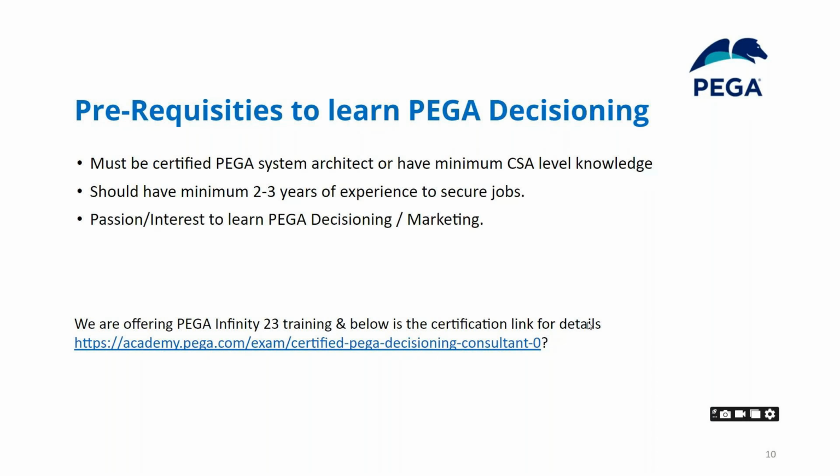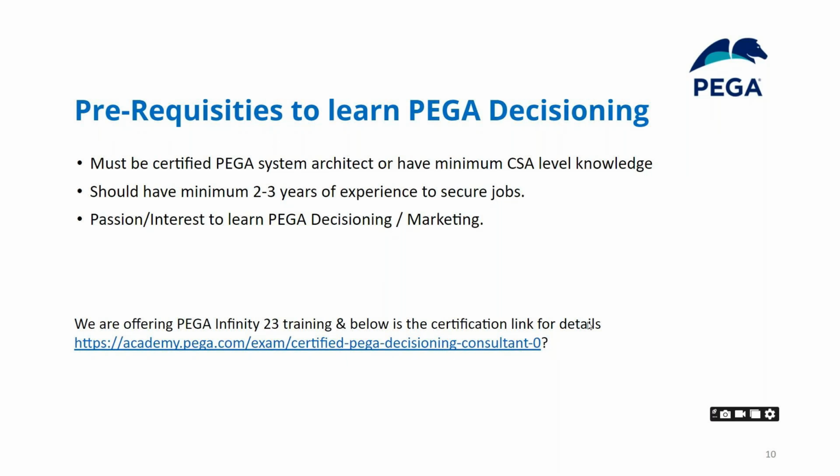The first and foremost mandatory requirement is that every one of you should have at least CSA level knowledge or CSA certification. When I say that, I'm expecting all of you to have at least 2 to 3 years of experience in Pega. The reason is, even though we are learning Pega decisioning, 30 to 40% of our daily work will be in Pega only.